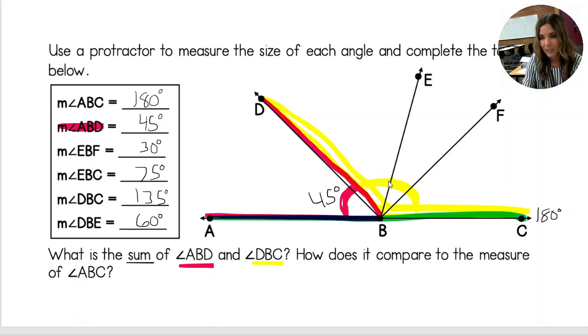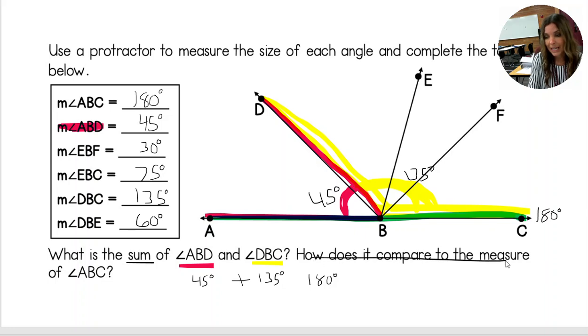The measure of this angle DBC is 135 degrees. So when we take the sum of ABD and DBC, when we add those together, we get 180 degrees.